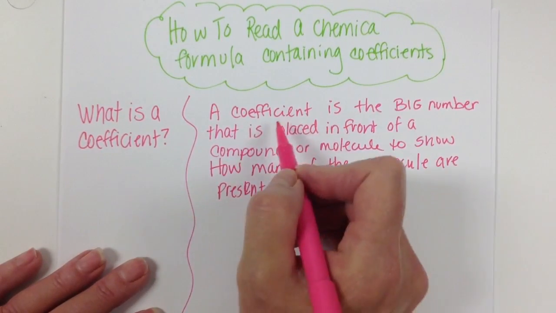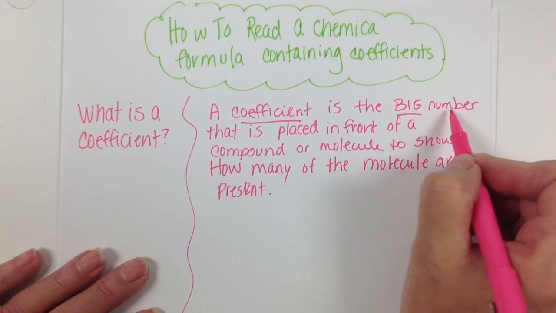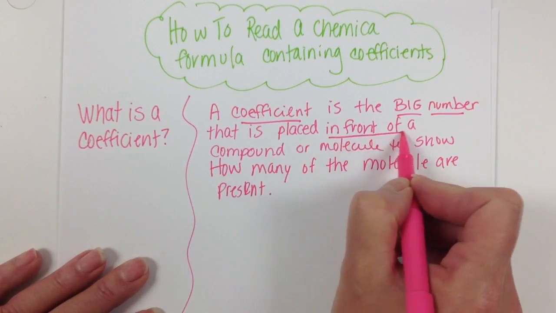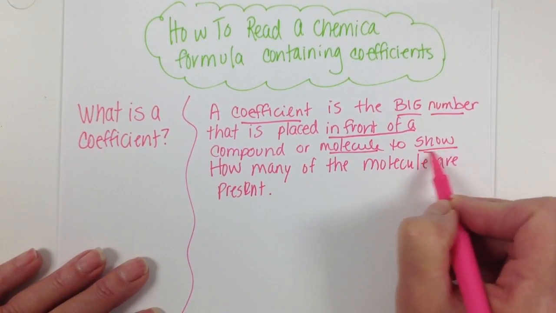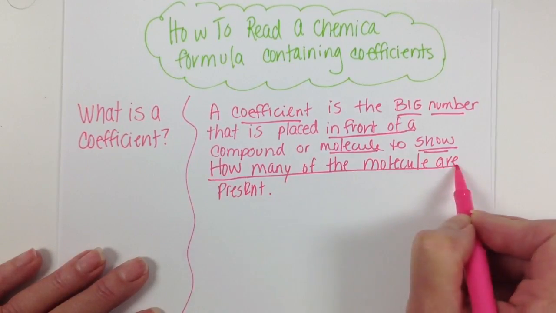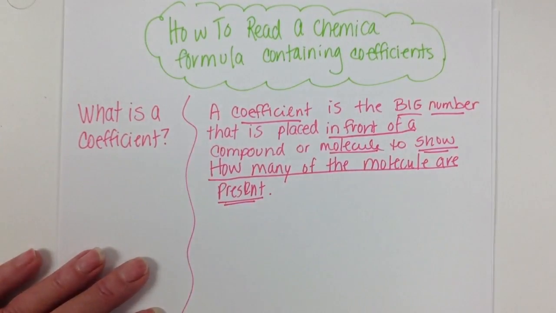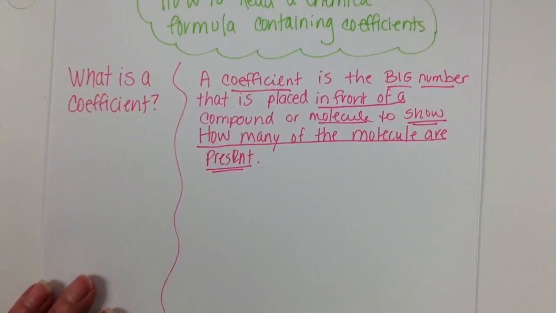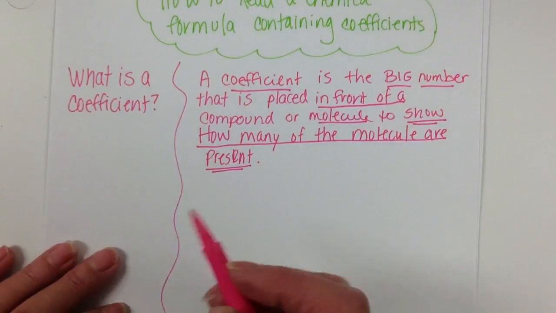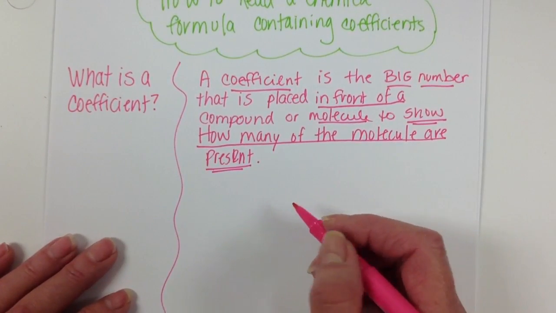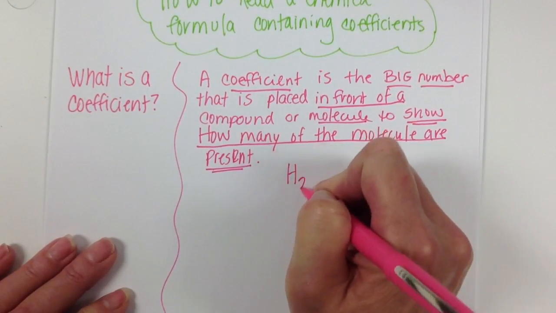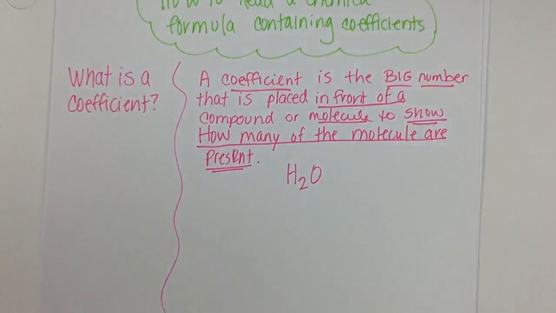Okay, so the coefficient's a big number in front of a molecule, and it shows us how many of the molecule are present in the formula. So for example, let's do H2O. Well, we already know how to read this.